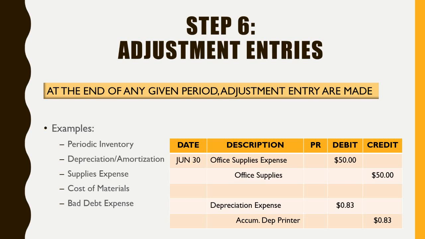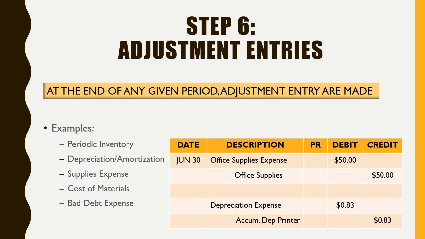Other examples of adjustment entries are going to be depreciation and amortization, which we will learn in chapter 11. Supplies expense, we will get to take a look at an example in the fictitious business. Cost of materials, cost of goods sold, all of that's going to be considered under inventory. And then, of course, any bad debt expense. Bad debt is going to be taught in chapter 10.